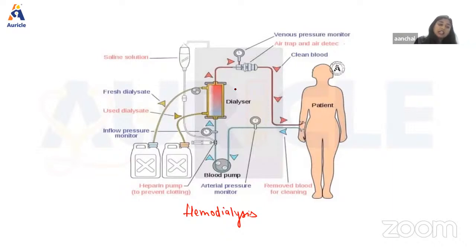These cellophane membranes are porous in nature and the outer surface of these membranes is bathed in the dialyzing fluid known as dialysate. So the fluid which is present in the dialyzer is dialysate. Its role and its composition we're going to cover in detail.